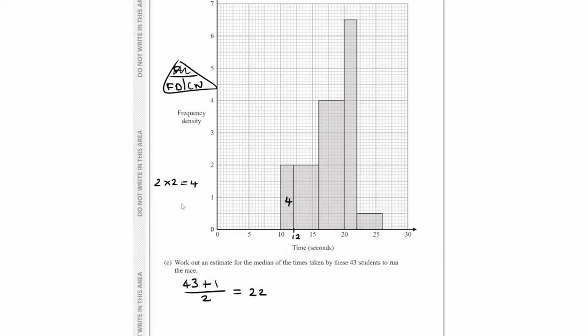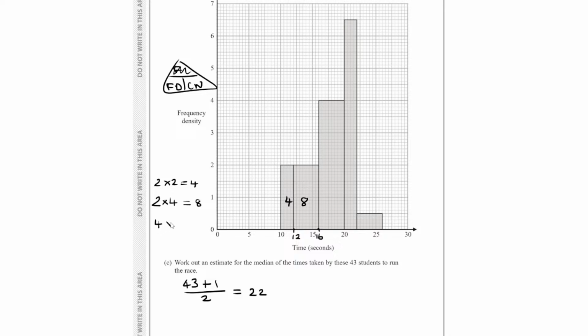Then we do the same for the next one, so obviously we need to get up to the point where we're including 22 students. That's only 4 students. The next one we've got frequency density again is 2, but then the class width is 4 because that's 16, isn't it there? 4. So you see how that would be 8 students here. Again, if I add that together, that's 12. That's still not enough, is it? So I'm going to have to do the next bar.